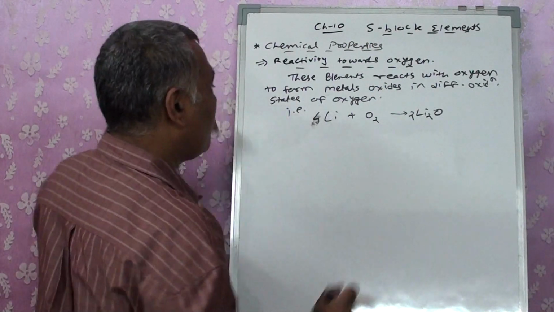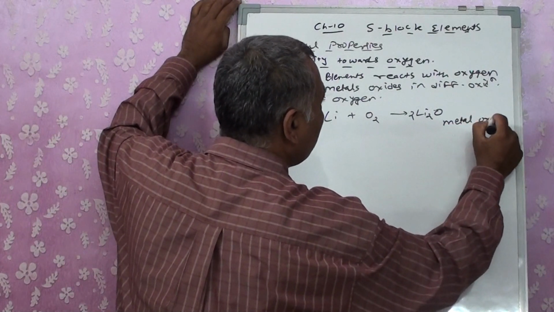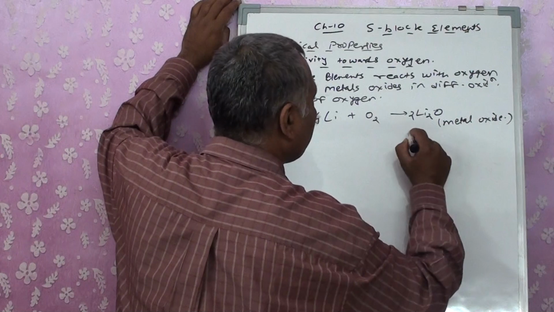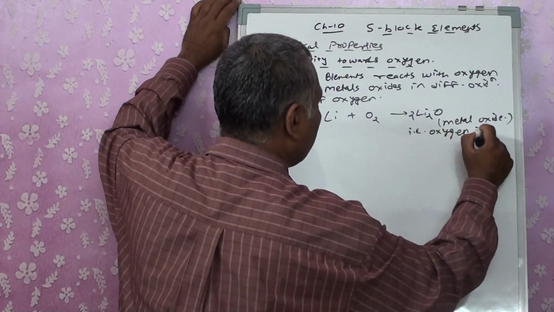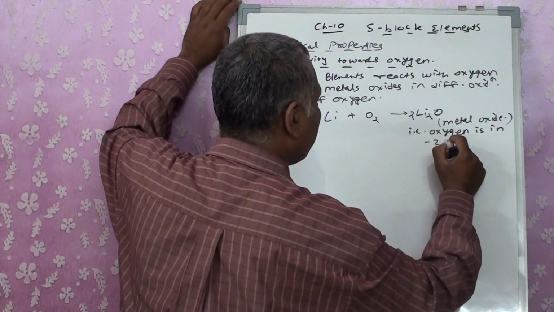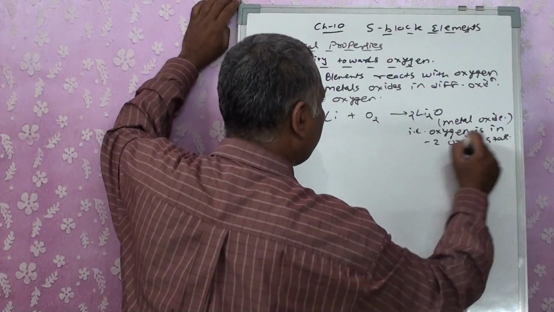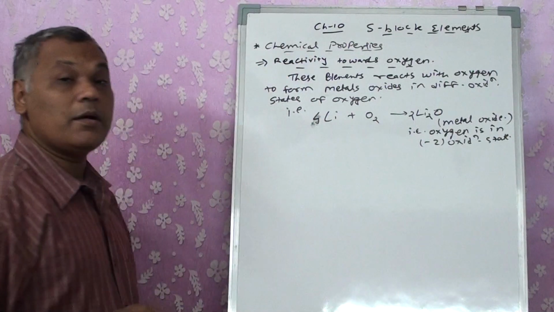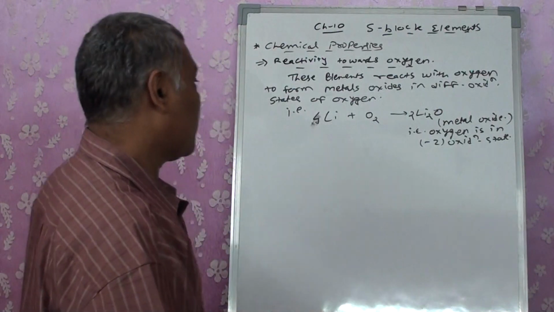We are going to get it in the form of oxide, metal oxide, that is, oxygen is in the -2 oxidation state. For lithium, it has oxygen with the -2 oxidation state.